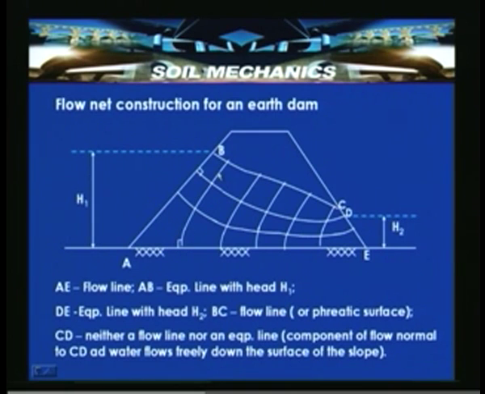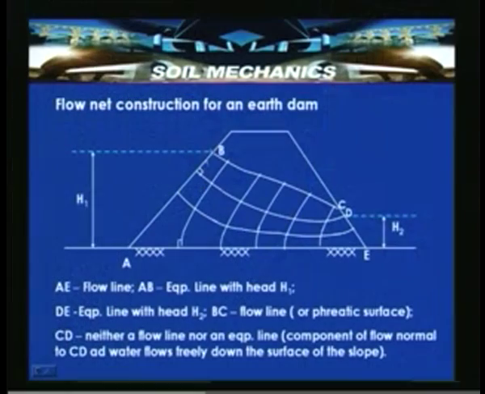If you look into this, this is the first flow channel, the second flow channel, and this qualifies as the third flow channel. If you approximate, the number of flow channels works out to be around 2.8. AB, at all points on this line, will have a total head H1, because the pressure head being 0, whatever the elevation it has from the reference datum is referred to as the total head.